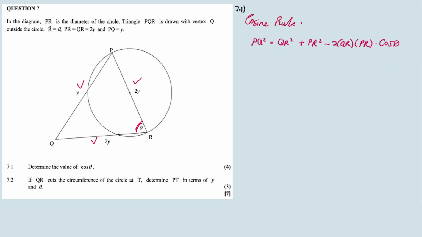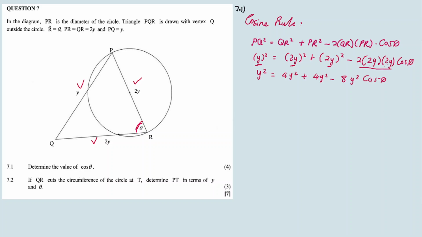And then we substitute: y squared equals 2y squared plus 2y squared minus 2 times 2y times 2y cos theta. This one is 4y squared, this one is 4y squared, and then 2 times 2 is 4, times 2 is 8, so y times y is y squared. So the answer is 8y squared cos theta.